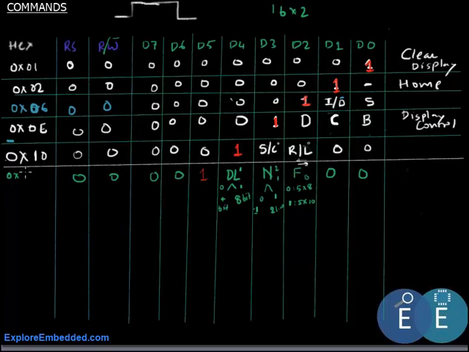So this would be 0x38, and for the 4-bit mode it would be 0x28. So this is for 8-bit 2 line, and this is for 4-bit 2 line.